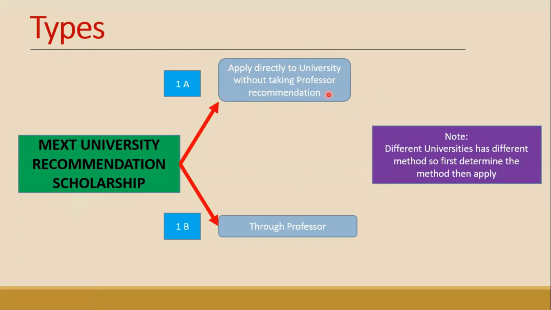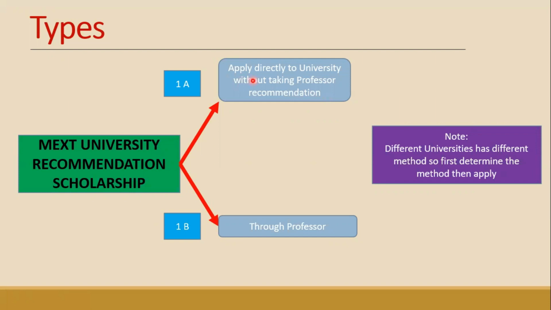In this scenario, the university will open a portal for you, and you have to just log in there. You upload all of your documents, and after uploading all of them, you submit. This is part 1A.